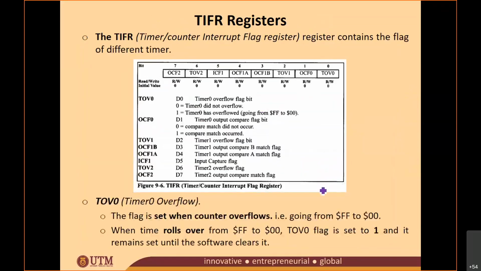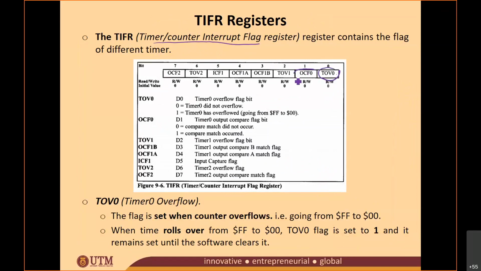Next, the TIFR register. The TIFR, which is the timer counter interrupt flag register, contains the flags of different timers. You have bit 0 for TOV0, which is the flag for the overflow mode for timer 0.